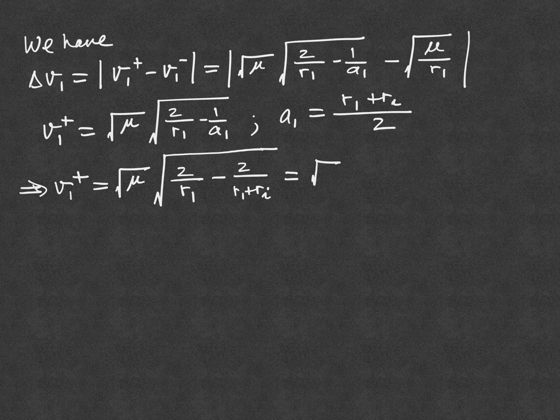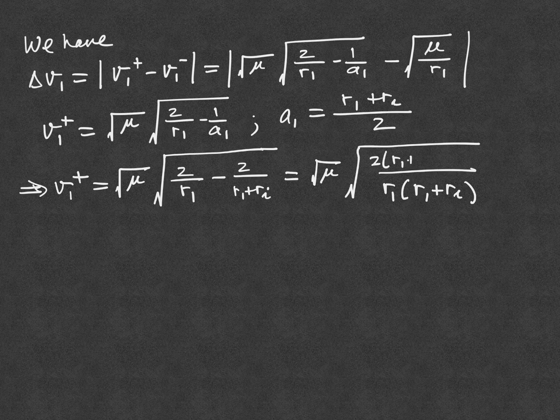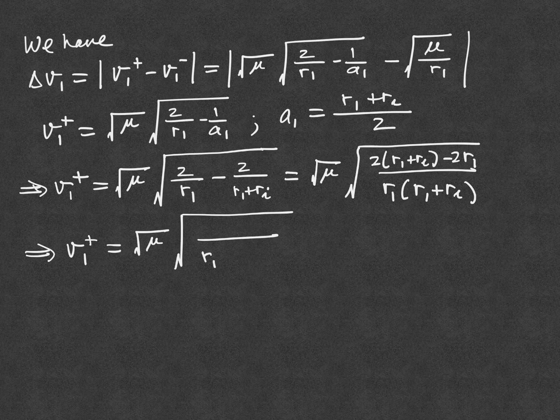We get the square root of mu times the square root of, well, the denominator, when I put a common denominator, gives me R1 times R1 plus Ri, and the numerator gives 2 times R1 plus Ri minus 2R1, which can then be rewritten as V1 plus is equal to the square root of mu times the square root of, in the denominator I've got R1 times R1 plus Ri, and in the numerator the 2R1 and the minus 2R1 cancel out, so I'm left with 2Ri.